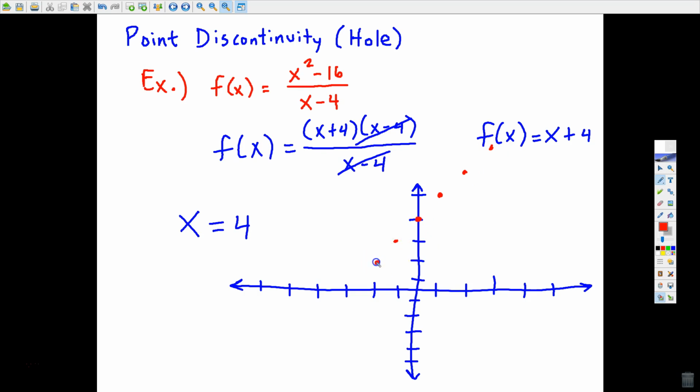I'm making several dots so I can have something good to draw through. It's on graph paper, so you can just do a rough sketch. Here is y equals x plus 4.